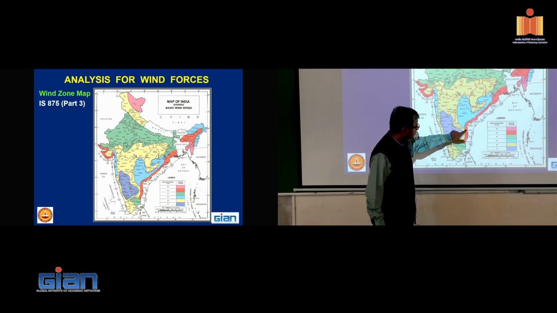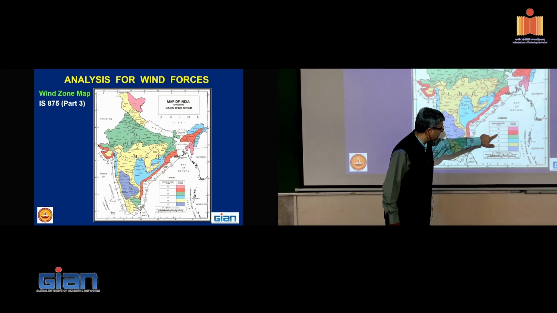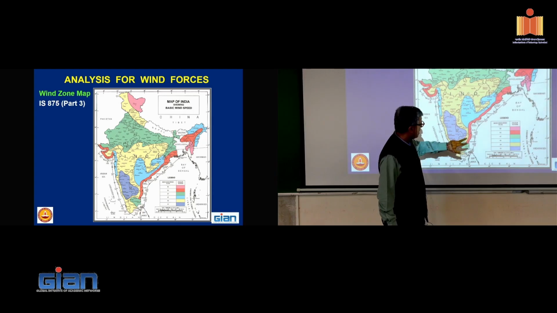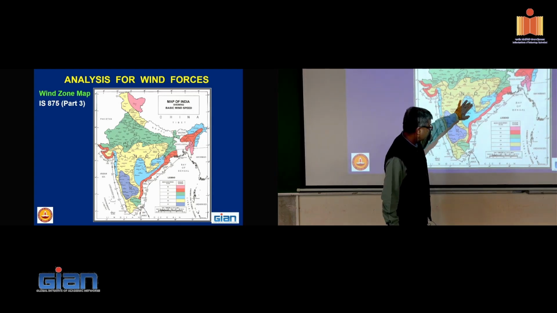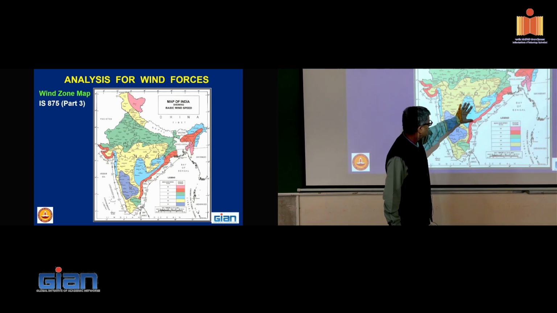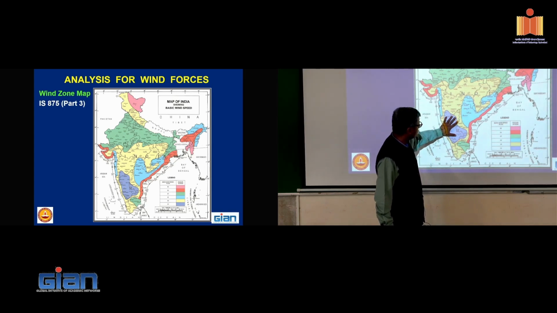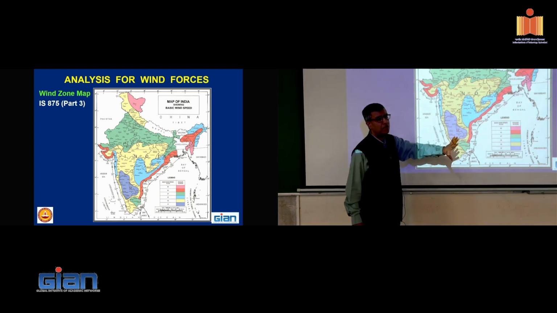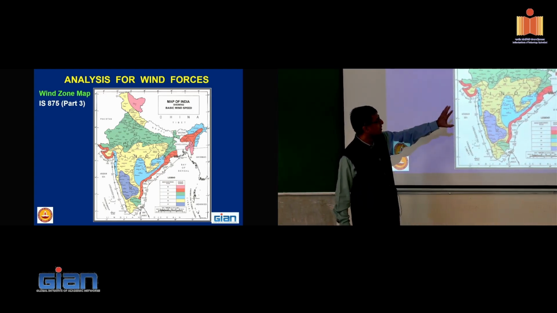Chennai falls here, and the wind speed is 50 meters per second. Hyderabad falls somewhere here, and this is 44 meters per second. This is the leeward side of the Western Ghats, much less. This is the least we have. Roughly, this is the way our wind zone map is.